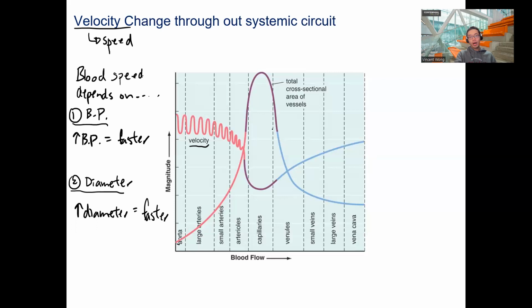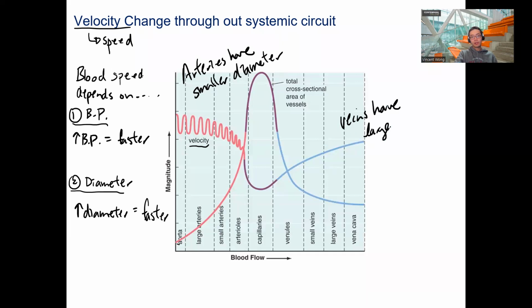So why is that the case? Well, in the artery, arteries have smaller diameter. Remember that picture I showed you earlier with the red and the blue right next to each other, right? The arteries have smaller diameter, and the veins have larger diameter.